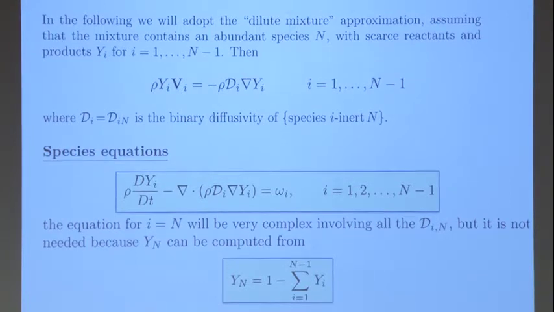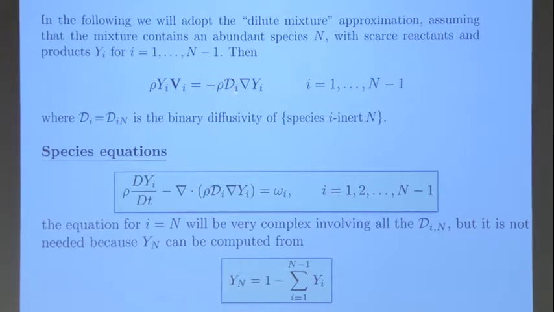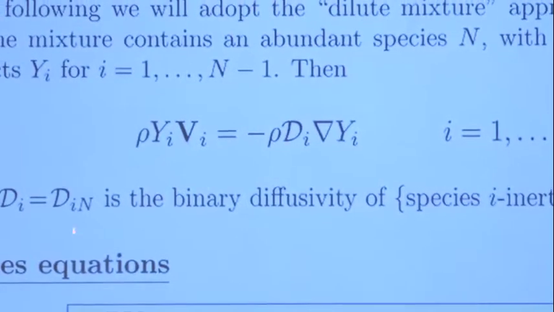But okay, so what we now have, in these lectures, I'm going to assume the mixture is dilute. So I'm going to assume Fick's law taking this form. And the D_i, as I said, I'm going to just use the I without an N for simplicity.